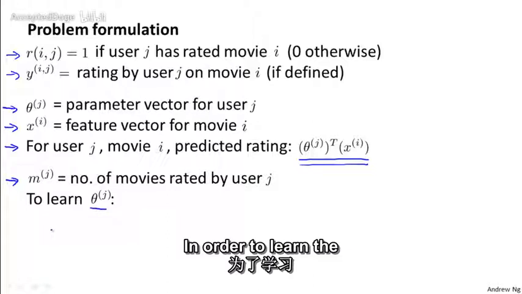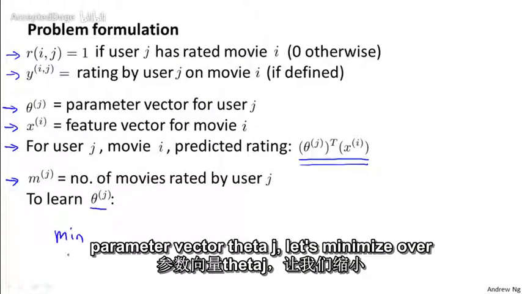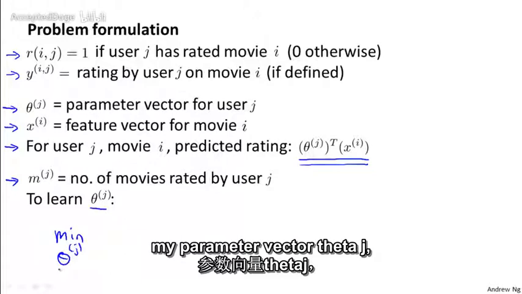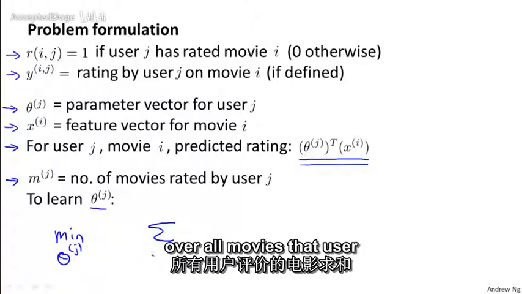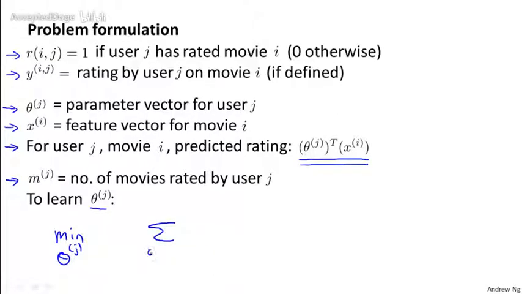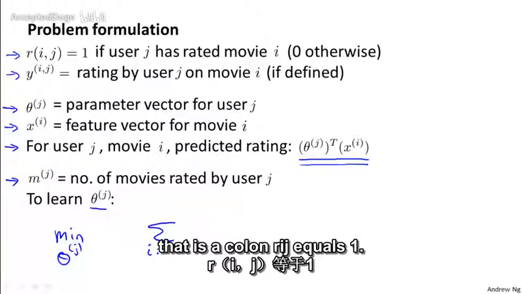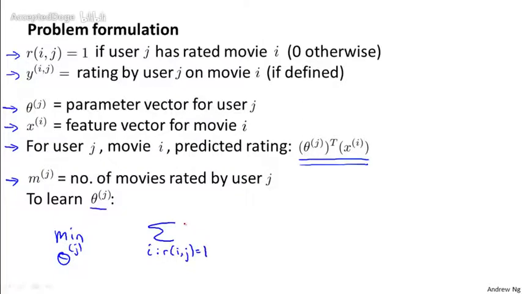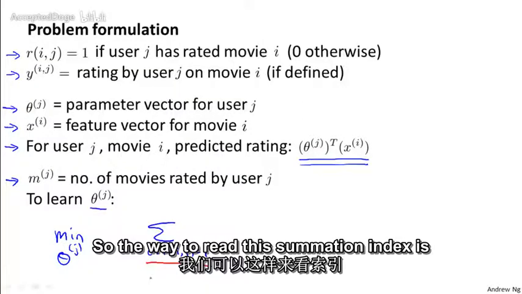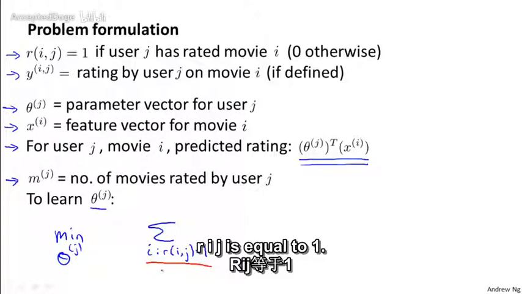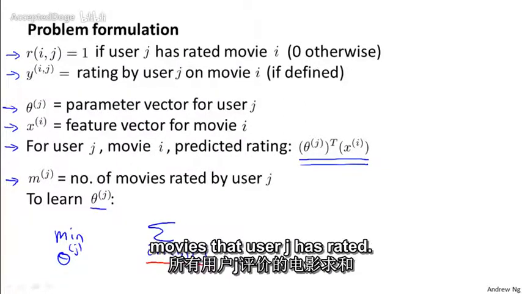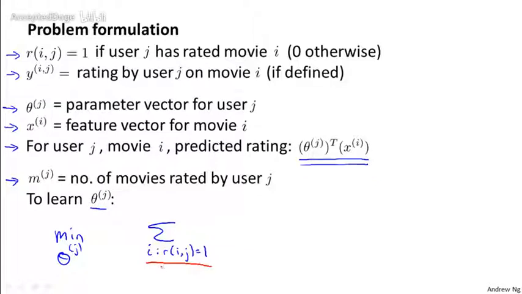In order to learn the parameter vector theta j, let's minimize over theta j the sum, and I want to sum over all movies that user j has rated. So we write this as sum over all values of i such that Rij equals 1. So the way to read this summation index is, this is summation over all the values of i so that Rij is equal to 1. So this is really summing over all the movies that user j has rated.